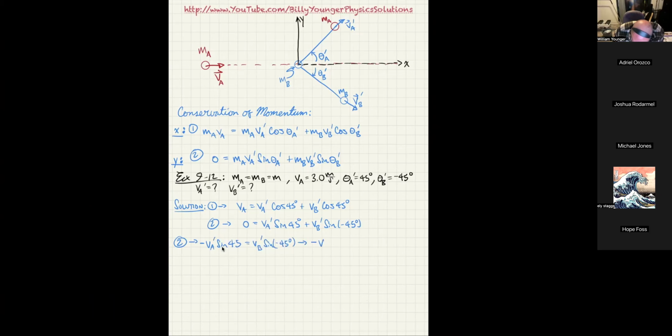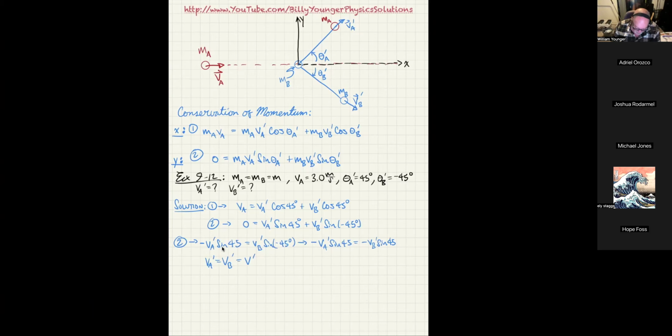So we get negative VA prime sine 45 is equal to negative VB prime sine 45. And from that, we now see that VA prime is equal to VB prime, which we might as well just call V prime. Now, there's a little danger in that because obviously they're in different directions, but their magnitudes are equal. So that's kind of helpful.